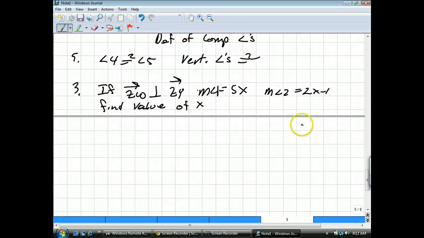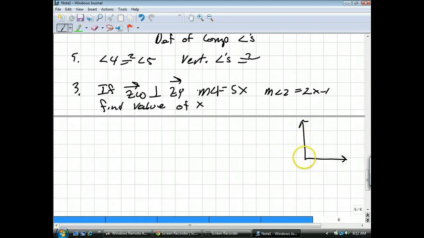And here's the picture. Here's W, here's Z, here's Y, and here's V. Okay, and this is angle 1 and angle 2.